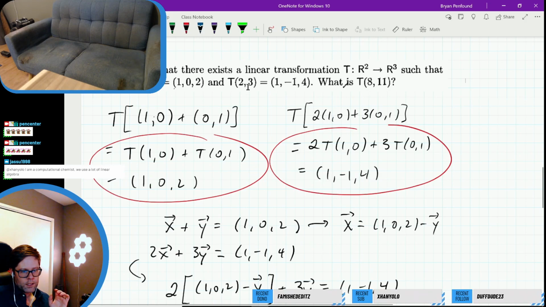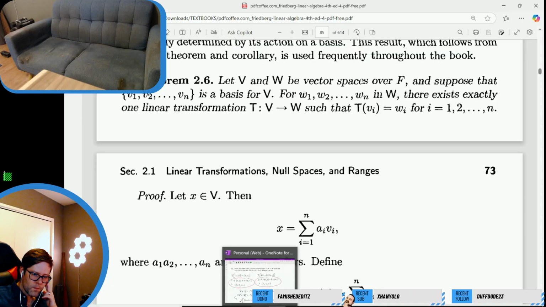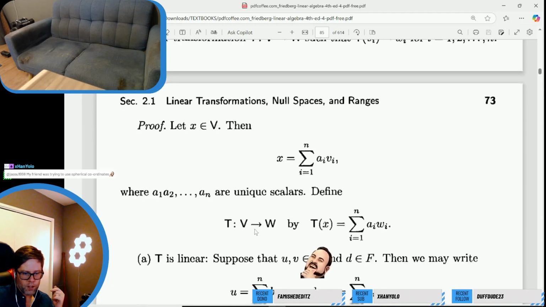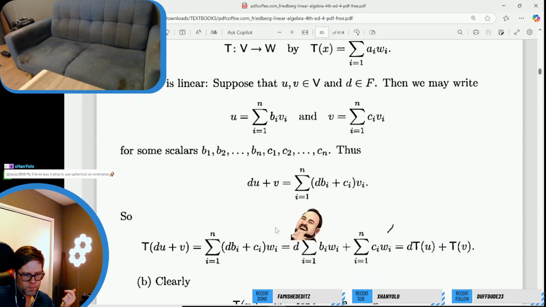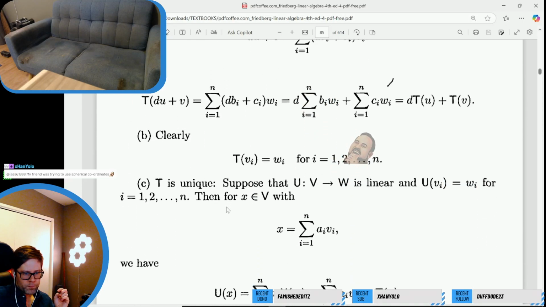Therefore, there's a transformation that sends these 2 basis vectors into R3. So that's really all we need here, is we just need to use theorem 2.6. And then I assume the proof tells us how to construct the linear transformation.